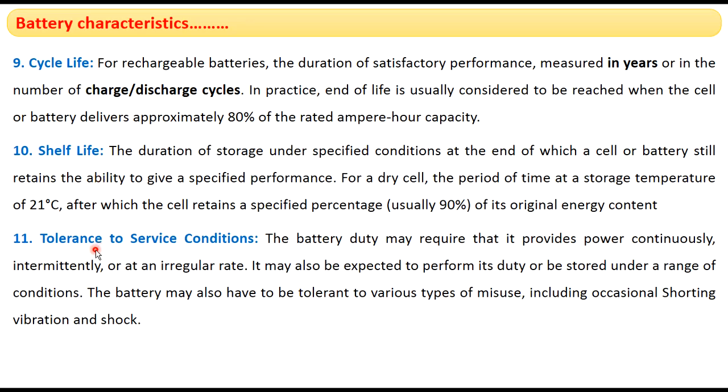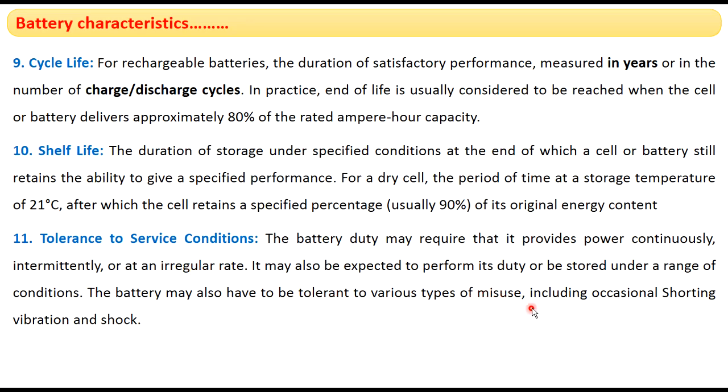Next characteristic is tolerance to service conditions. The function of a battery is that it should provide power continuously, intermittently, or at an irregular rate, continuously, seamlessly, without any fluctuations. It should perform that duty even under adverse conditions like misuse.